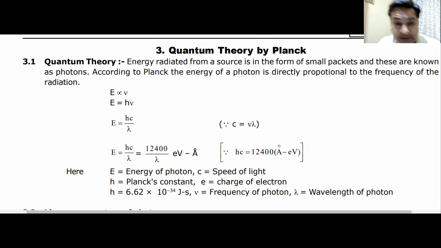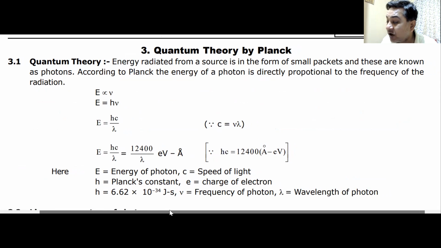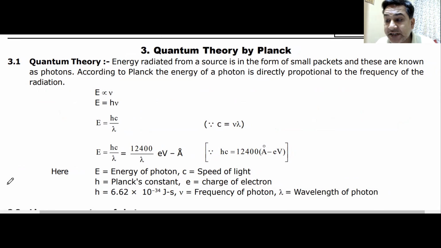Planck. Quantum theory. Again, quantum theory was not given by Einstein. It was given by Planck. And therefore, we have Planck's constant. What is quantum theory of light? He said that light is not a wave, but light has got particle nature. Whenever light is there, it has small particles.